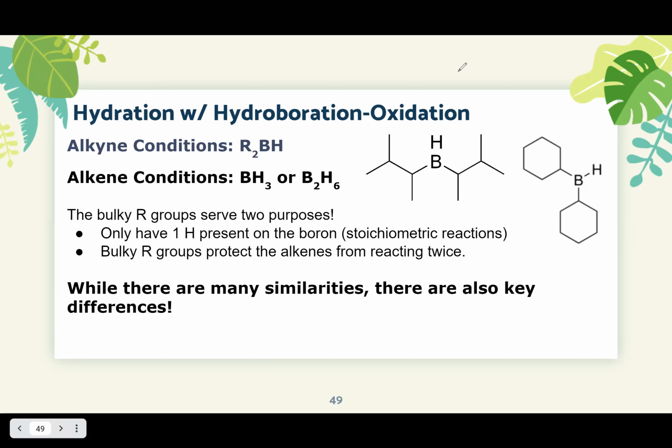Okay. So if we look more into these boron-containing electrophiles, we can see that it actually makes sense why we form a carbonyl from alkyne conditions, whereas an alcohol from alkene conditions. And that's overall going to be due to the equivalence of hydrogens, or the number of hydrogens present bound to that boron. So with an alkyne, you can only reduce one pi bond because you only have one hydrogen.